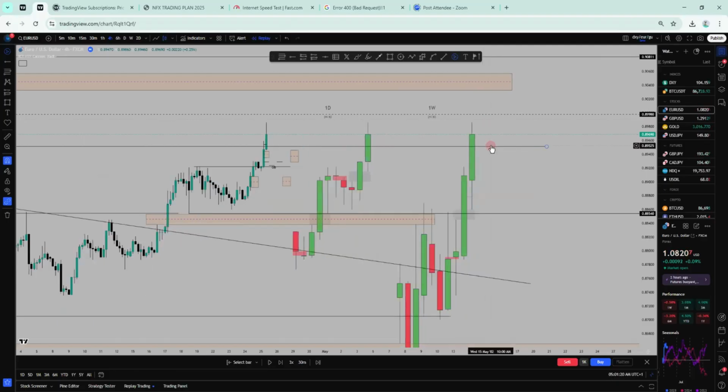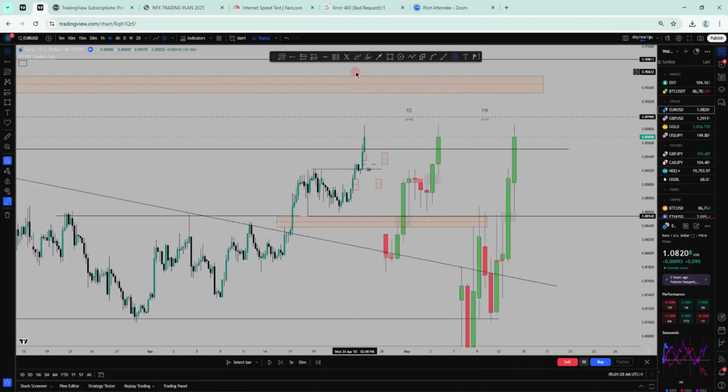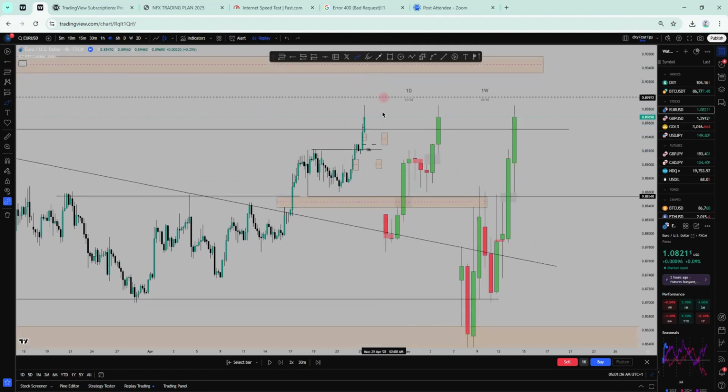Okay, let's see what happens. If this momentum continues, maybe we can get a small shot from here. I don't know, but if we pull back, we can get some longs from there. All right, so let me just delete this for now.